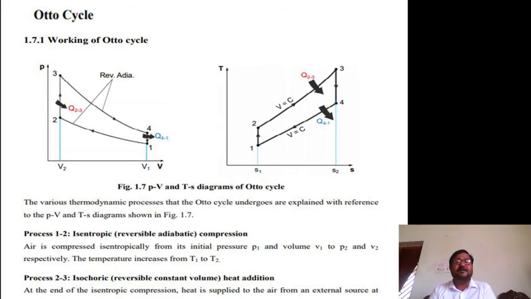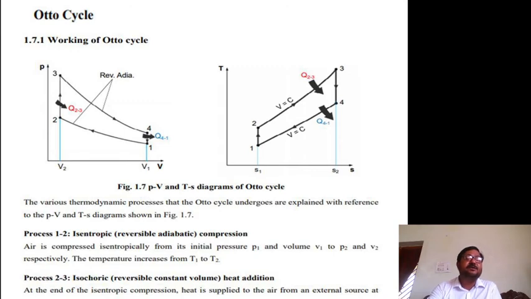The various thermodynamic processes that the Otto cycle undergoes are explained below. 1 to 2 is reversible adiabatic. Here at state 1, the pressure is less, volume is more, and temperature is less.